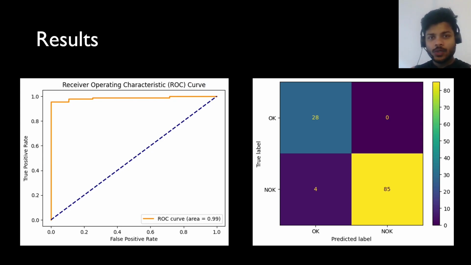Using this particular method, our result becomes significantly better. Before, we had an ROC curve value of 0.42, and now it becomes 0.99. Also the predicted labels are very accurate, with very few misclassifications.